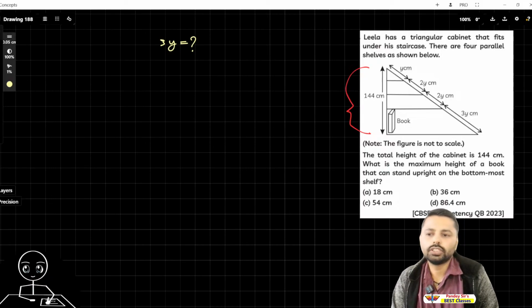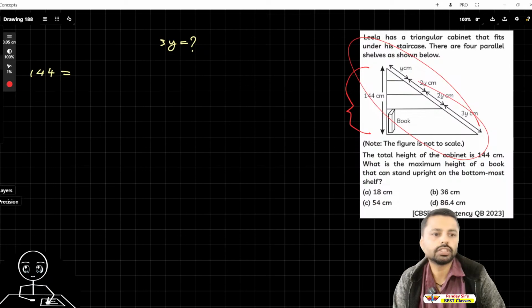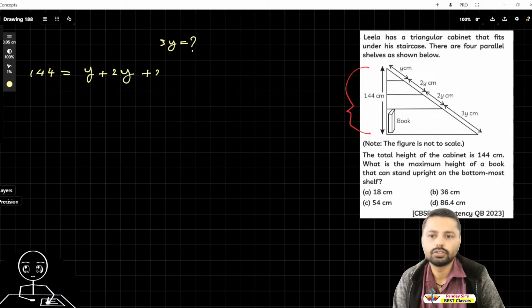So total is 144. 144 equal to, let's just add it. You also add, I'm also doing. Let's see who does it faster. y plus 2y plus 2y again plus 3y.